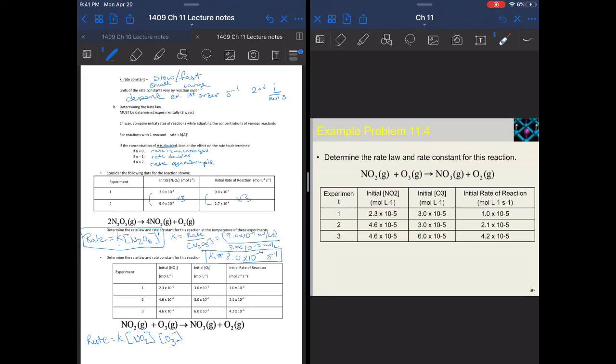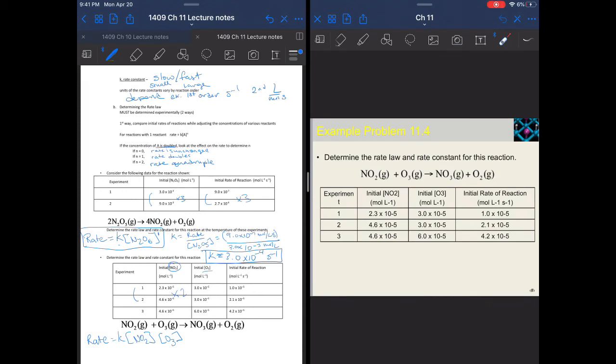But we're going to do that based on, now we need at least 3 experiments, because we can only alter one variable at a time to truly understand the reaction order. So if I want to figure out the reaction order of NO2, then I need to keep O3 constant. So I'm going to look at 1 and 2 to figure out the reaction order for nitrogen dioxide.